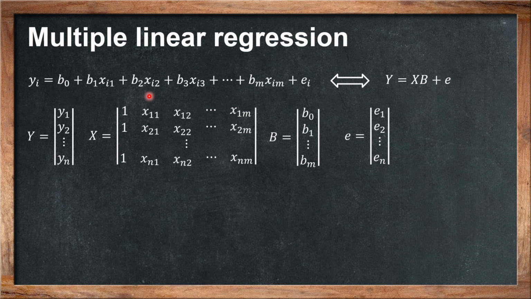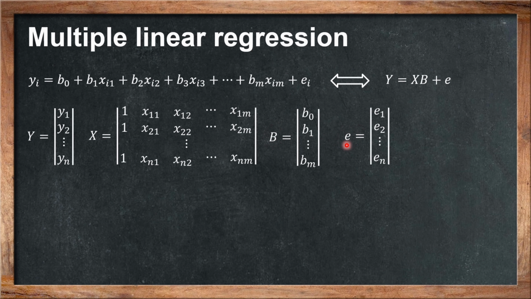For example, column number 2 will reflect the statistics on factor 1. Column number 3 will reflect the statistics on x2, and so on till factor number m. We denote the parameters vector as capital B and the vector of the residuals as E.